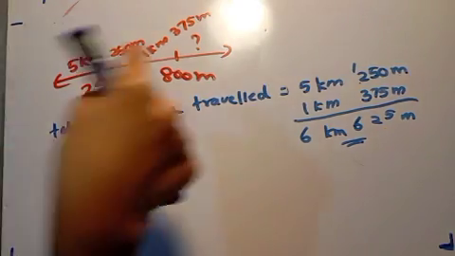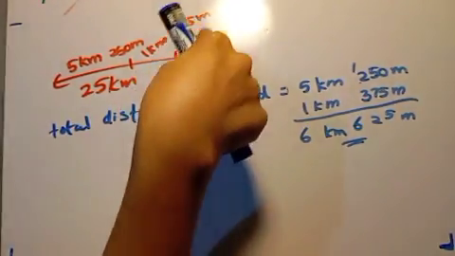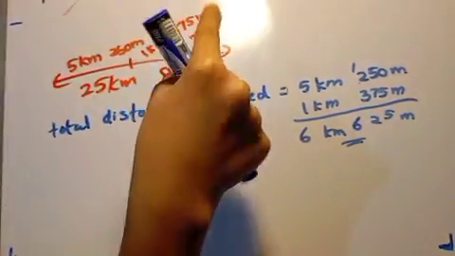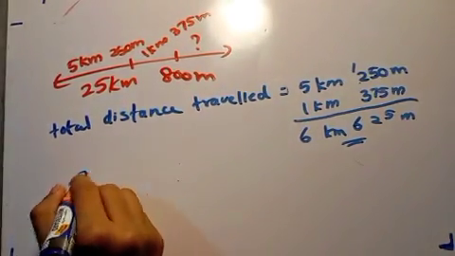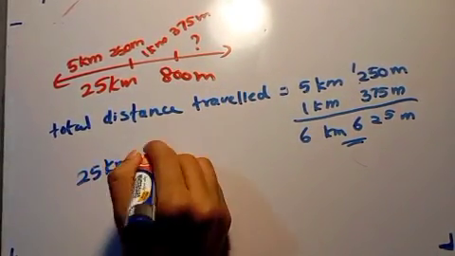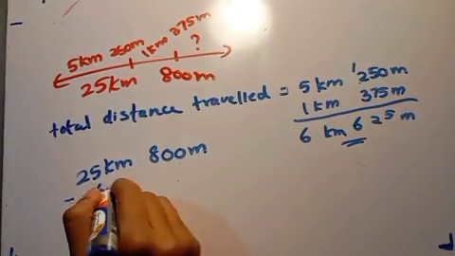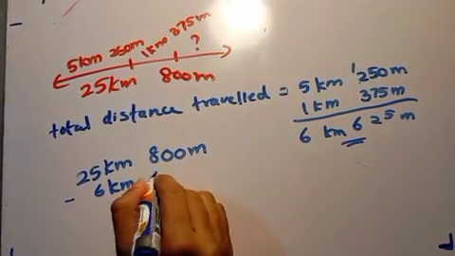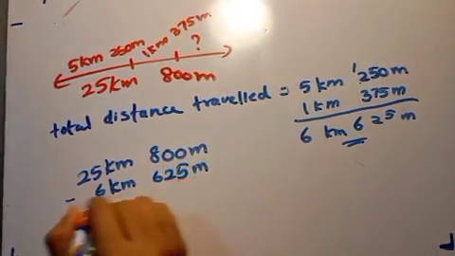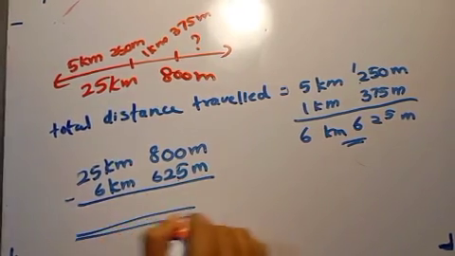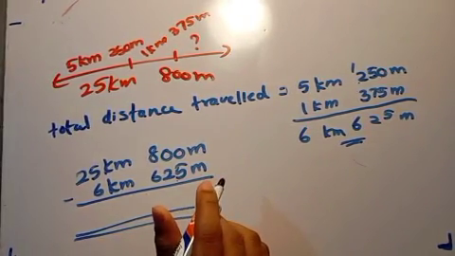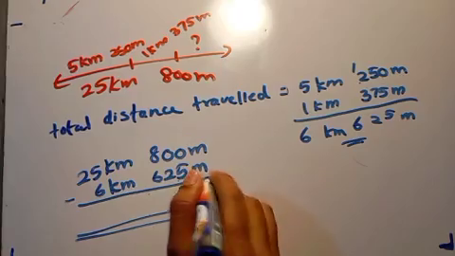Now the question is asking you how much is left to be traveled, how much he has more to travel. So from 25 kilometers and 800 meters, he has already traveled 6 kilometers and 625 meters. You have to get the remaining distance to be traveled.